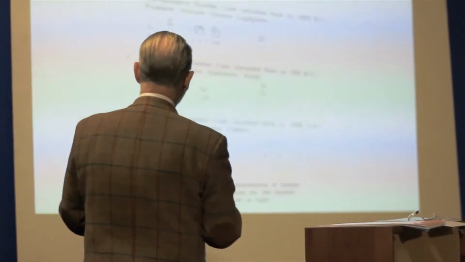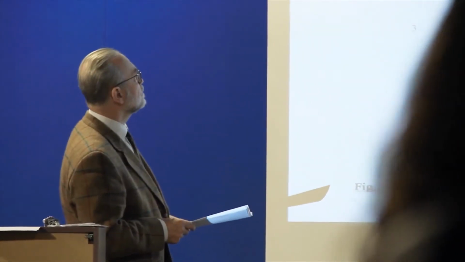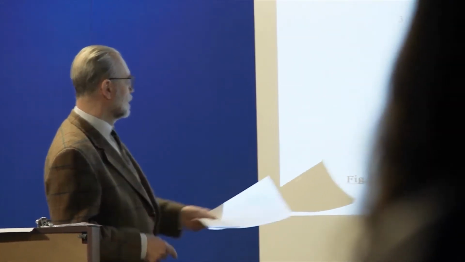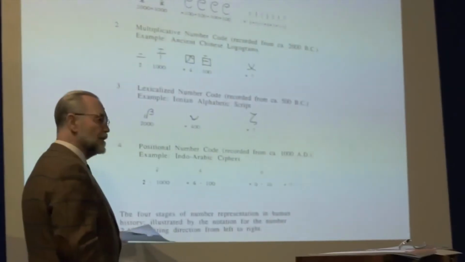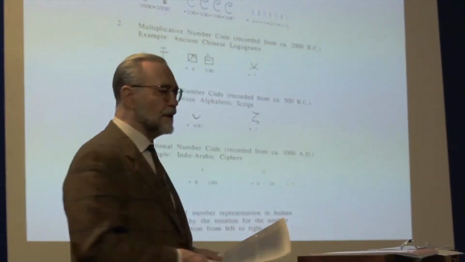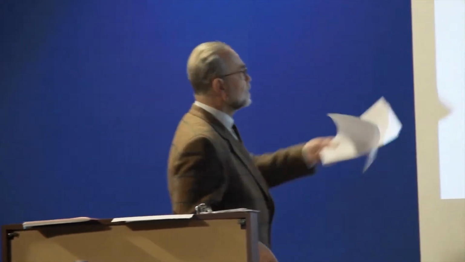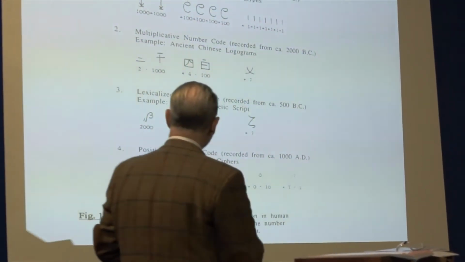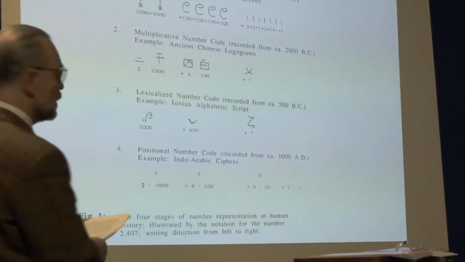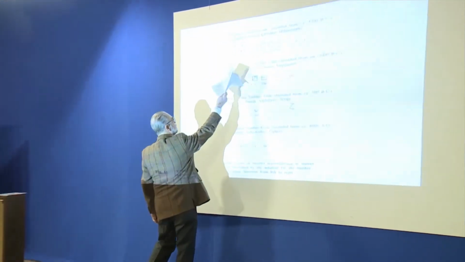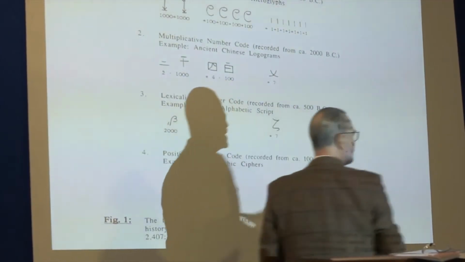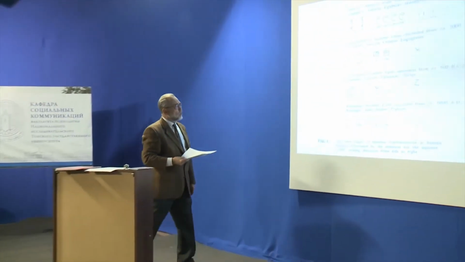So if you have a number which is written as 2,407 in our system, the Egyptians used this expression. It's rather long, but it consisted of very few different signs. So they had 2 signs for 1,000, 4 signs for 100, and 7 signs for 1.